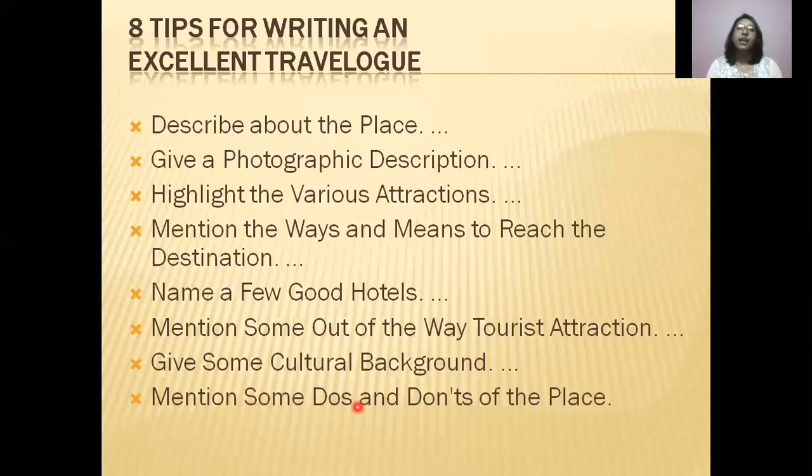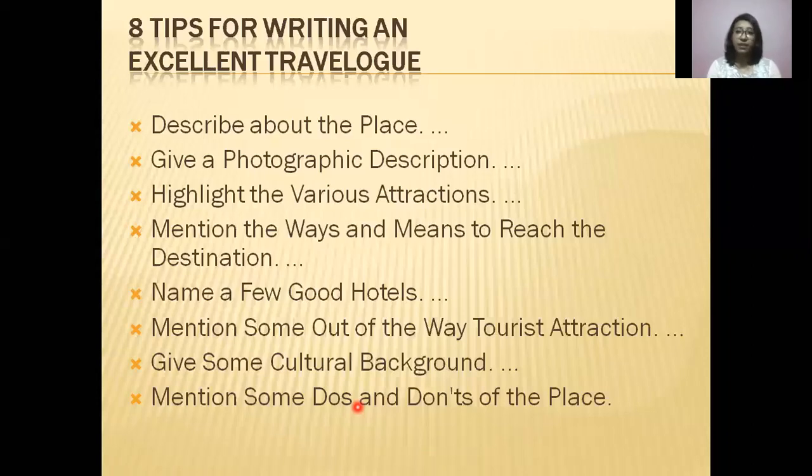Isn't it? And another thing, in the same place, Pokhara, if it is a rainy season, because in Pokhara it rains a lot, if the person misses an umbrella in his or her backpack, then it would be a trouble for him. So we have to mention all the do's and don'ts which we have experienced and which the local people tell about the place in our travelogue.